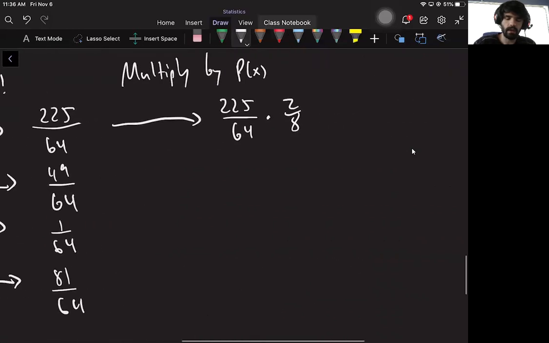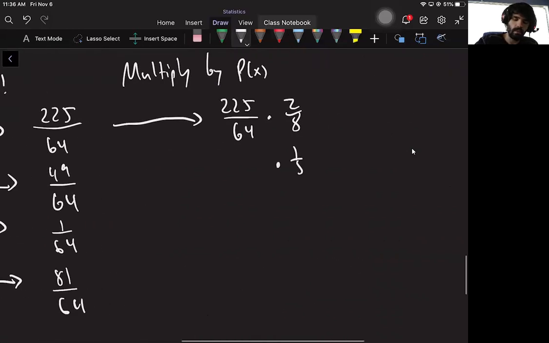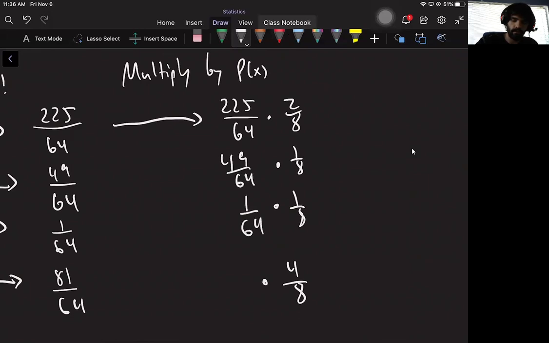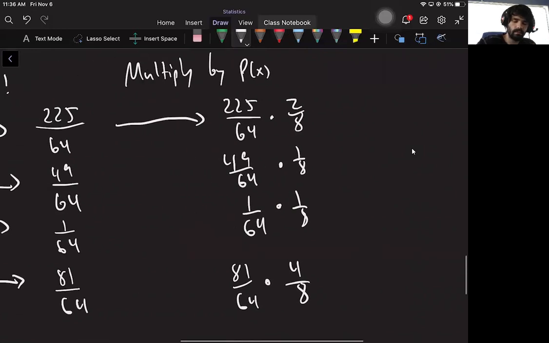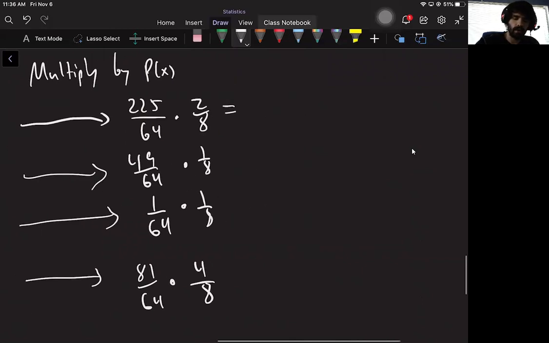The next one will get a 1/8, then another 1/8, and then this one will get a 4/8. So this is the multiplication we have to do. I did that ahead of time, so you don't have to. But you would use a calculator or something. If you wanted to check this, you'll get this.